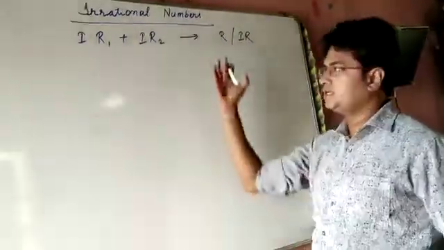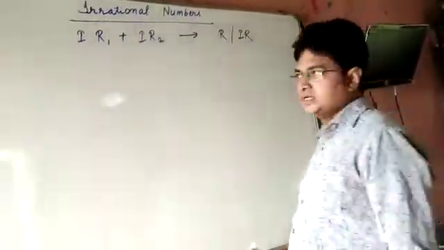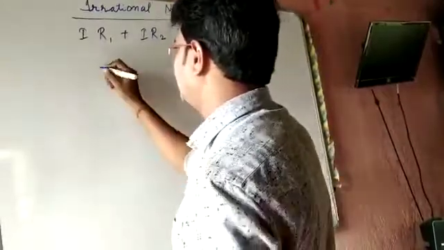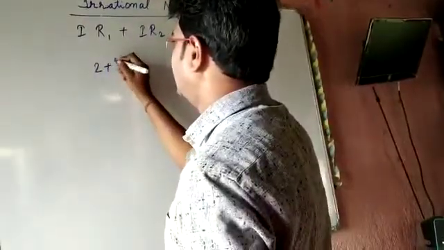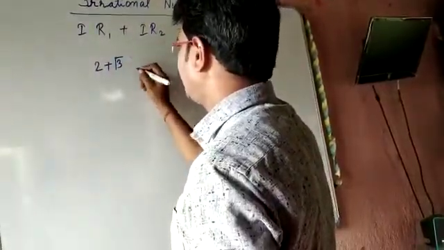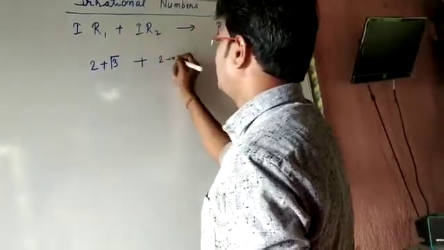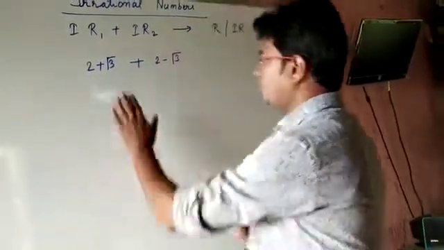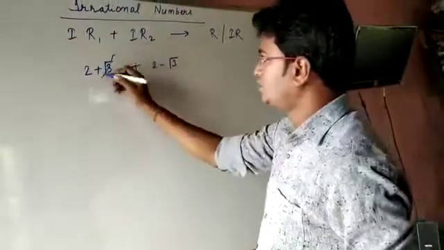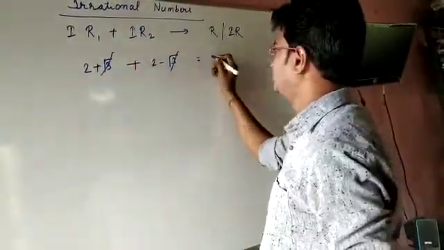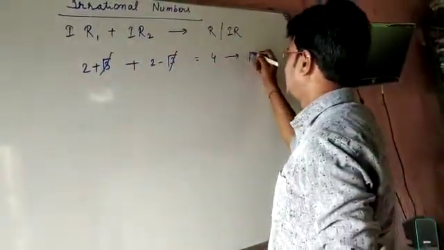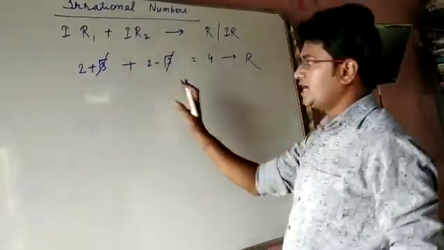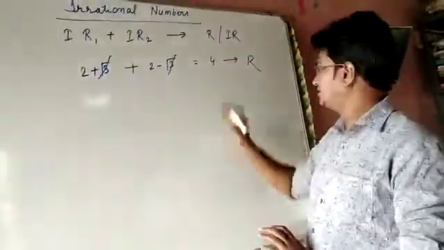If the example is asked, we can say 2 plus root 3 is the first number and 2 minus root 3 is the second number. If we are adding both, root 3 will get cancelled, 2 plus 2 is 4, it is a rational number.